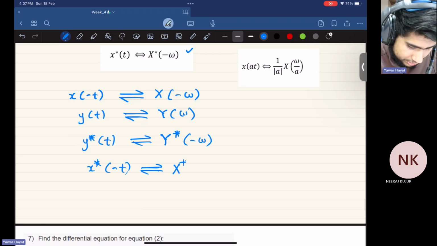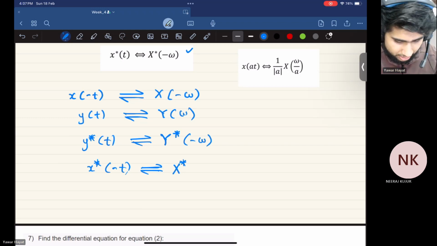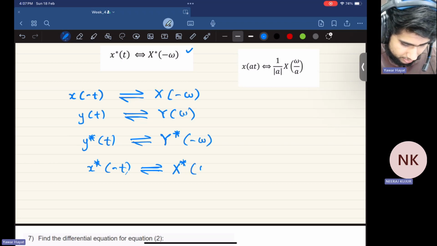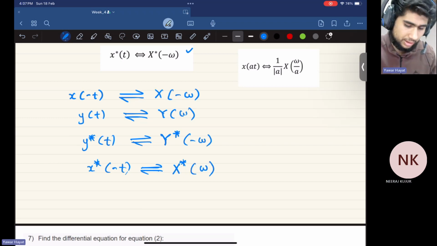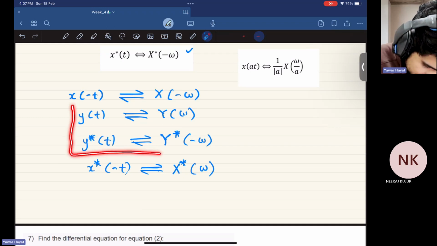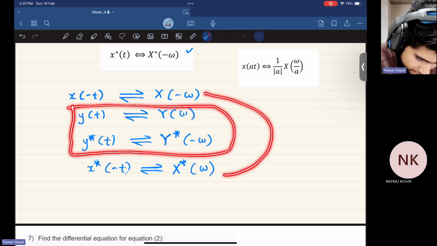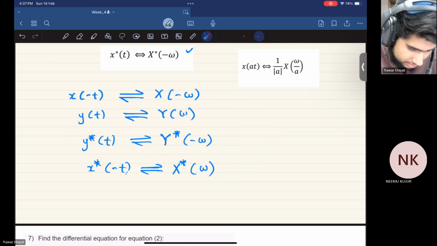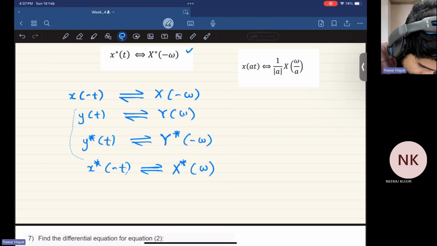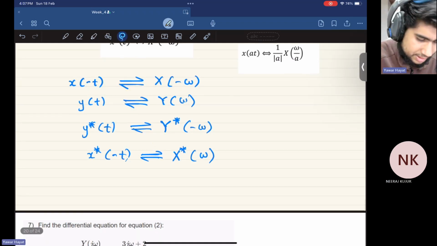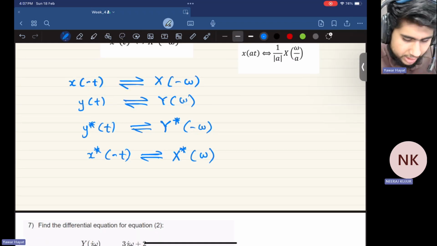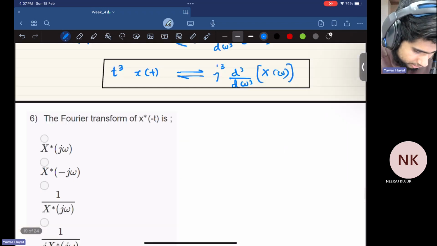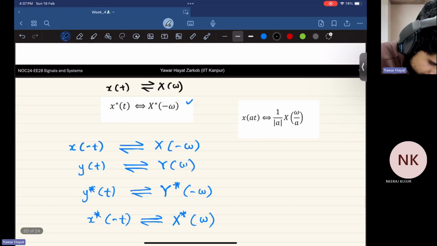So this would be conjugated x of plus omega. In fact, these steps are optional. You can directly come to this conclusion, right? Let me put these. I hope it's straightforward, right? Is there any doubt? No, sir. Okay, so this one was question number 6.